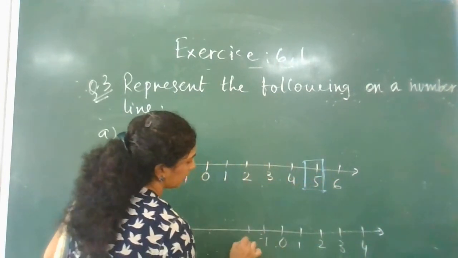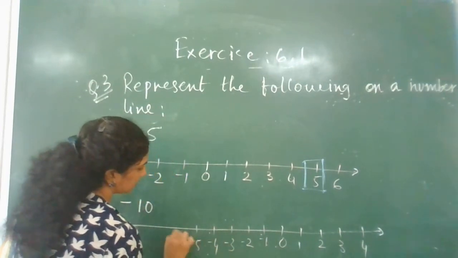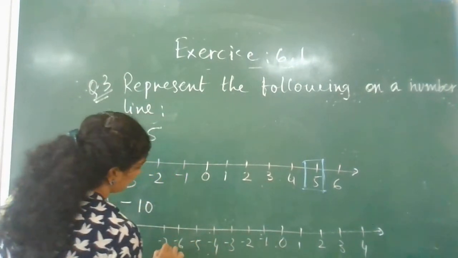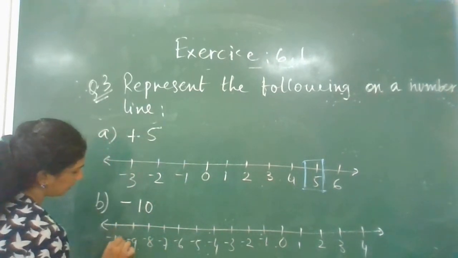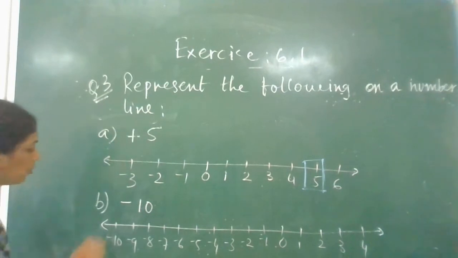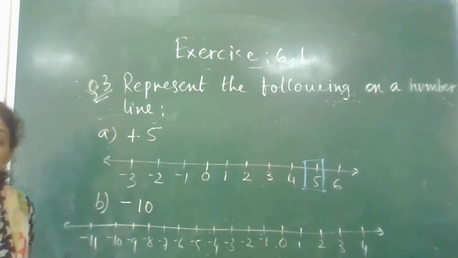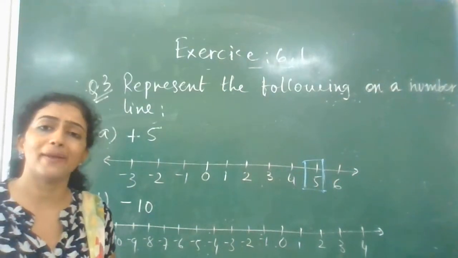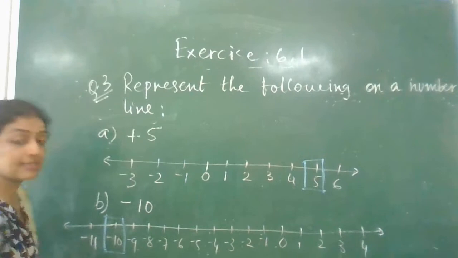Here minus 1, minus 2, minus 3, minus 4, minus 5, minus 6, minus 7, minus 8, minus 9, and minus 10. If you want to show one more number, you can show minus 11. If you want to stop at minus 10, it's okay. So this is minus 10.